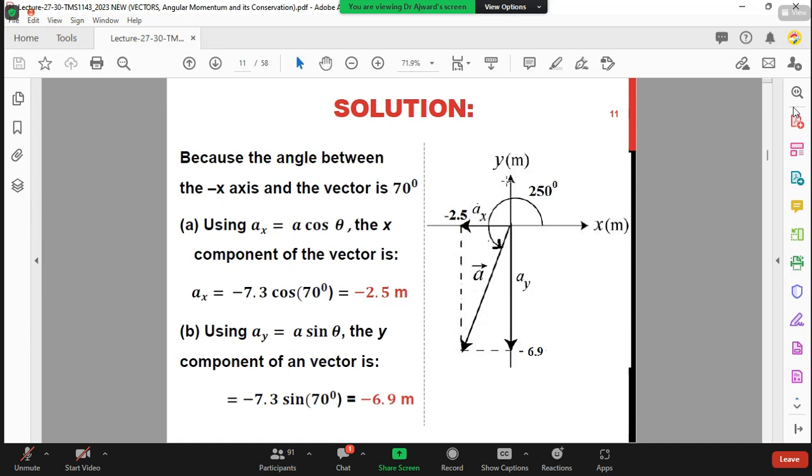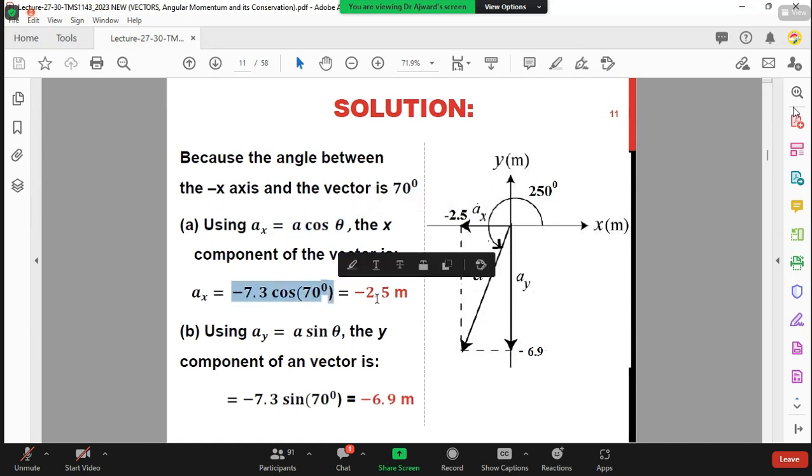Because this total angle is 180, 250 minus 180 is 70 degrees. So now I can find my x component and y component very easily, because in the third quadrant, the x component is negative and also the y component is negative. Both are given by A cosine theta.